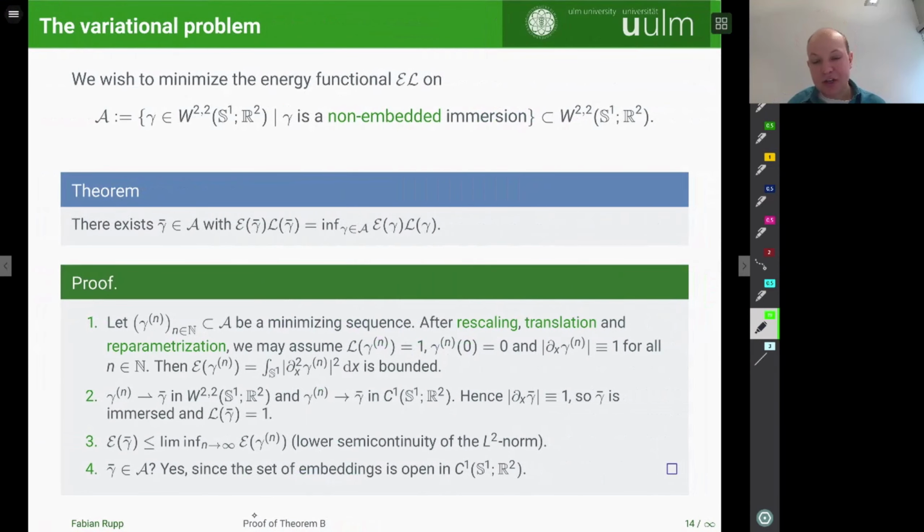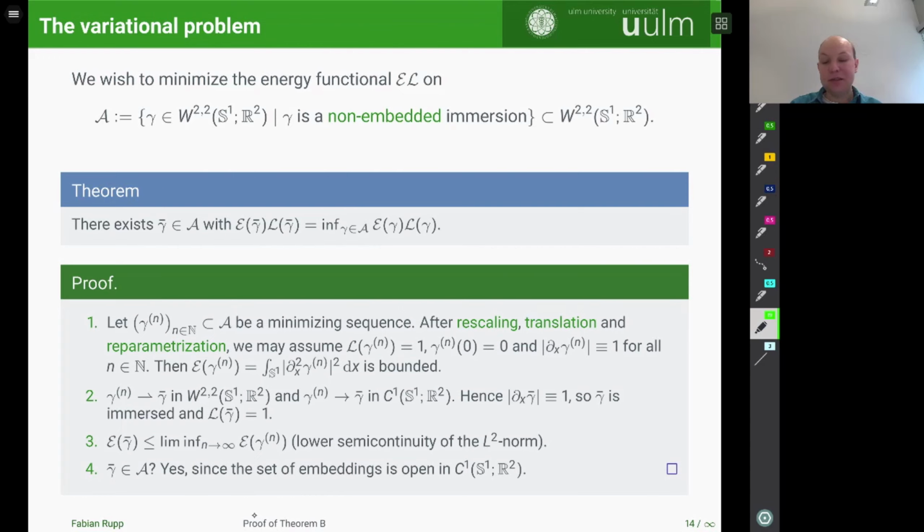However, this actually cannot happen, since the set of embeddings is an open subset of the C1 curves. And this, it's not super immediate, but it's relatively elementary to show. And with this, we have settled the theorem about the existence of a minimizer.